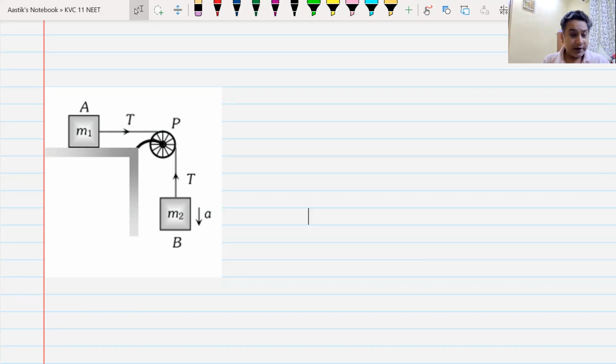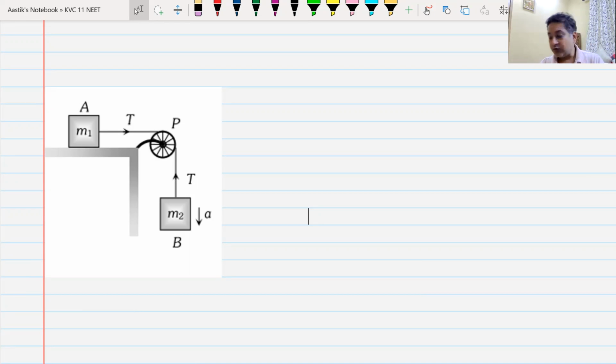First of all, you have to tell me where is this system going to move. There are only two motions possible. In terms of the lower block, it can move down or it can move up. When the lower block moves down, the block on the floor will move towards the right. When the lower block moves up, this block will move towards the left.